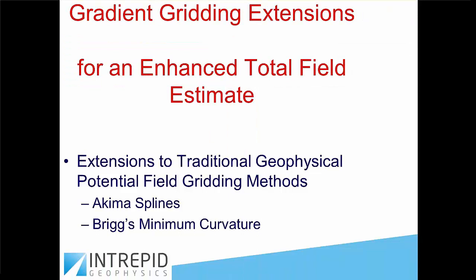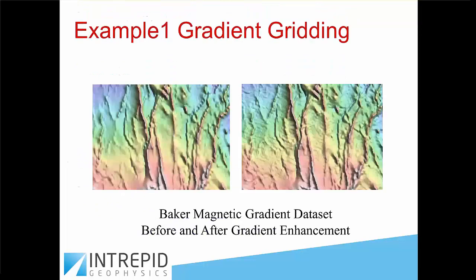So knowing that sort of problem, there are extensions to potential field gridding which have been invented by Intrepid in particular and others, and the aim is to get an enhanced total field estimate. So the extensions to traditional geophysics potential field gridding methods of Akima spline and minimum curvature. So here's an example of before and after, what we call the before and after gradient enhancement.